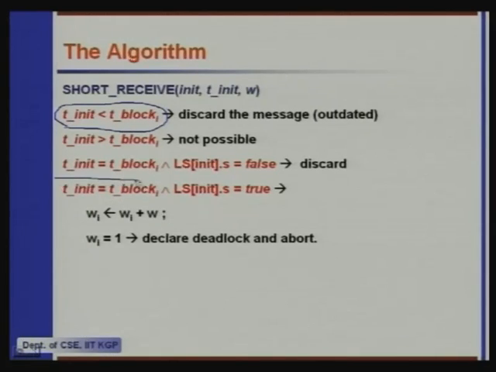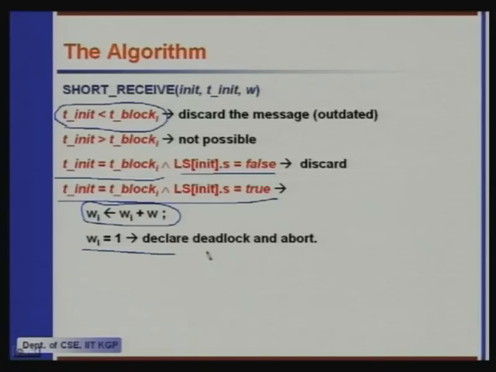If we find that it is for the same wave, but S is not blocked anymore, then we discard, and if it is blocked, then we add this weight to Wi, and if Wi becomes 1, then we declare deadlock and abort. So, this is the only place where we declare the deadlock, that is, we find that the sum of the weights has become 1 and still the node I has not been able to reduce itself. So, that is a case of deadlock, right.